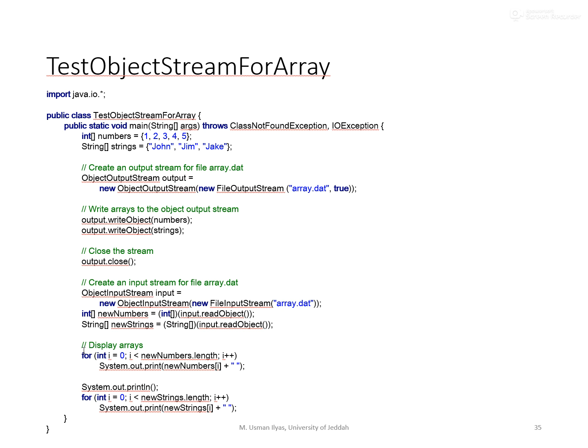And just to make sure that we actually read back what we have written to file, we have a for loop over here which runs for the length of the new numbers array and prints out each element separated by a space. And the same thing on the next line, done for the new strings array.